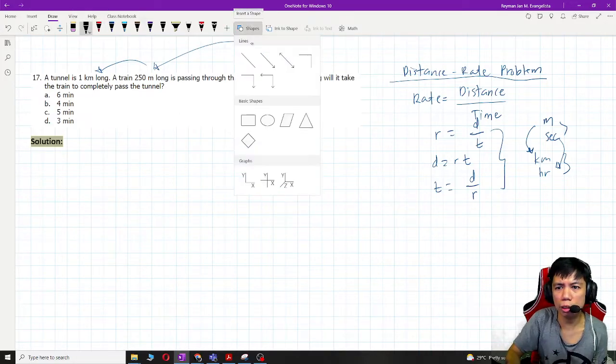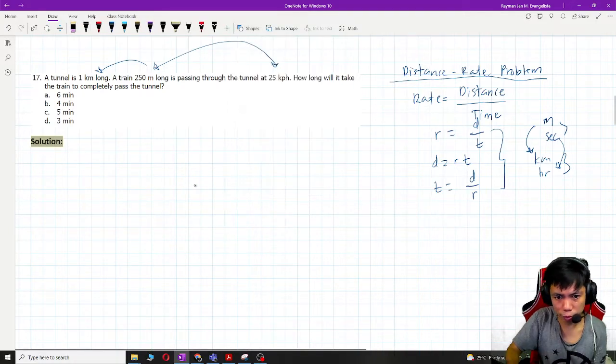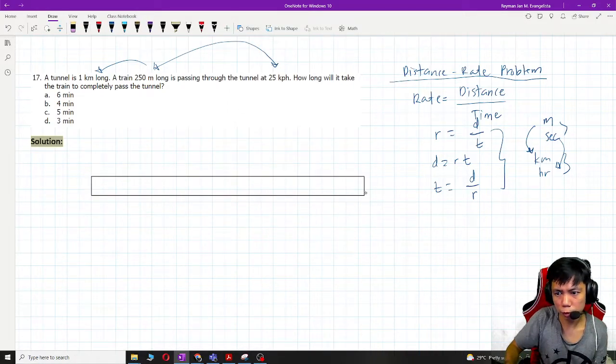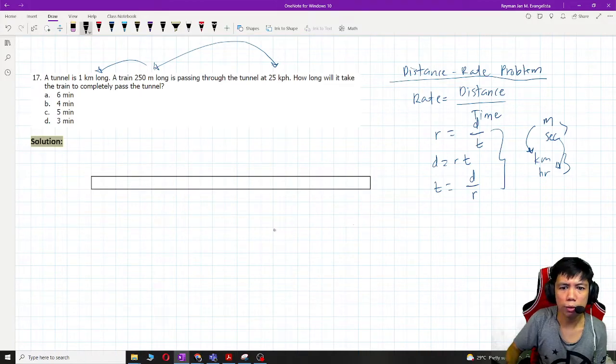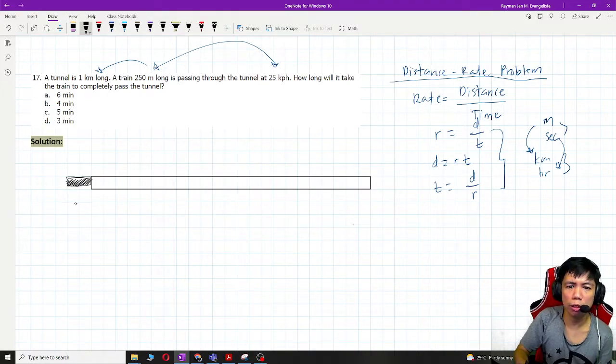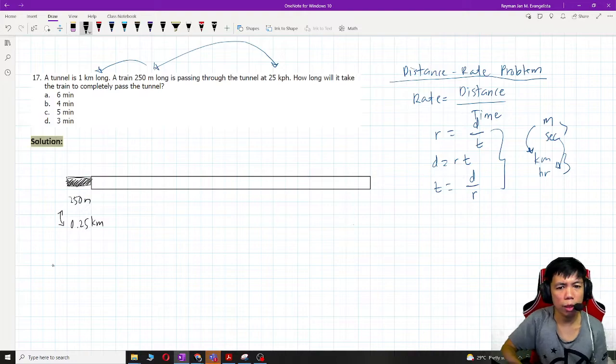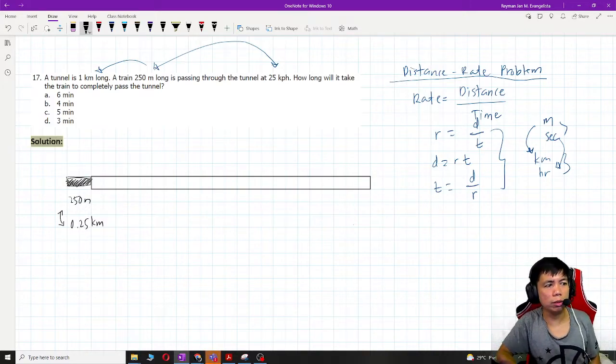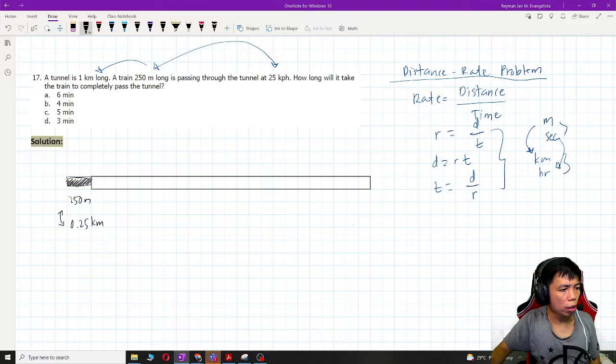Ito yung ating tunnel, and let's say ito yung train. Yung train natin is 250 meters long, that is the same as 0.25 kilometers, kasi 1,000 meters is equal to 1 kilometer.